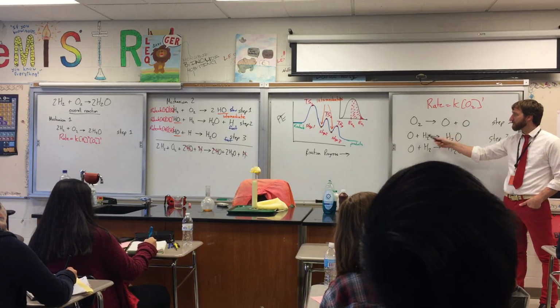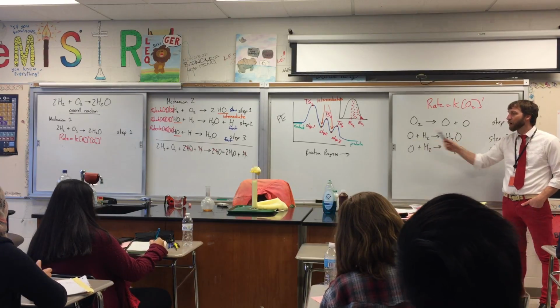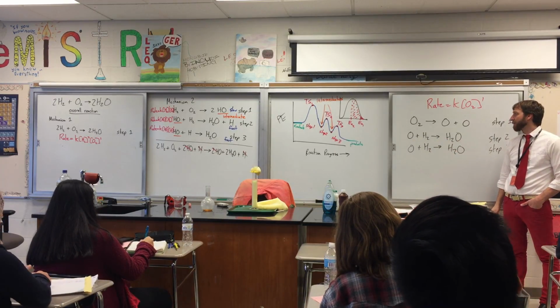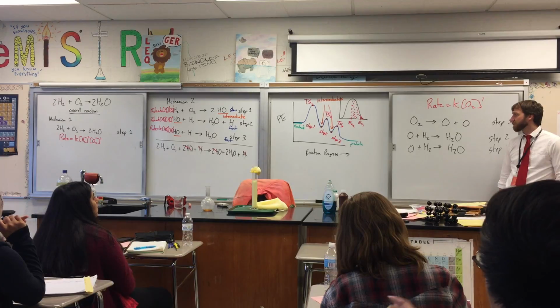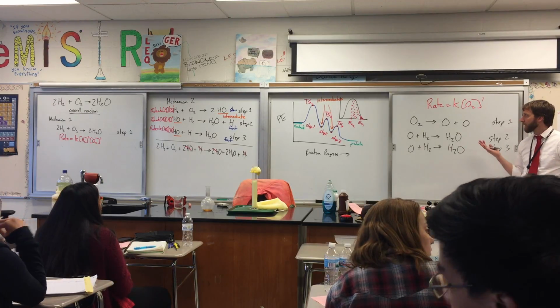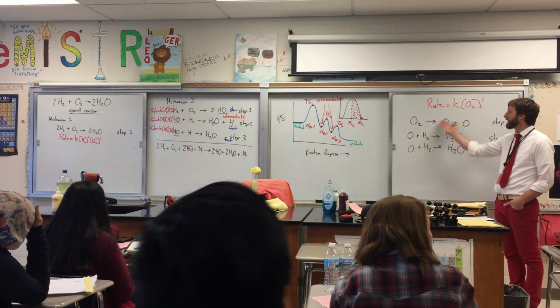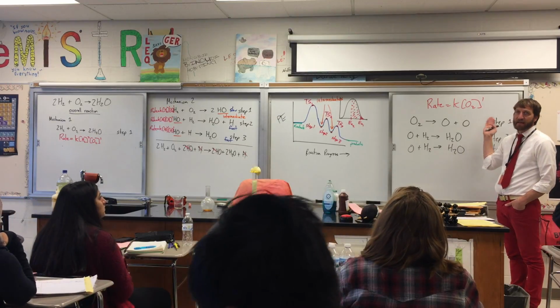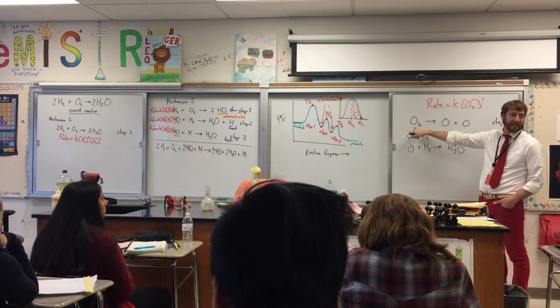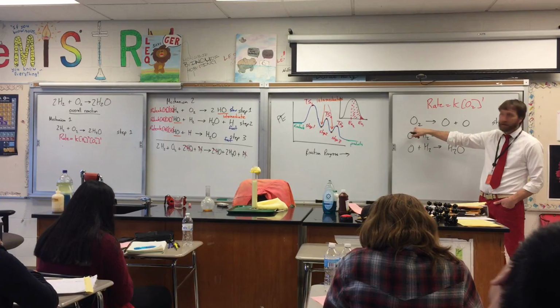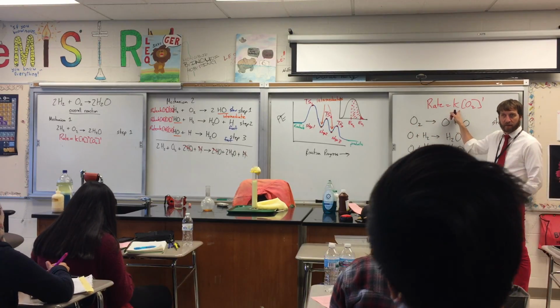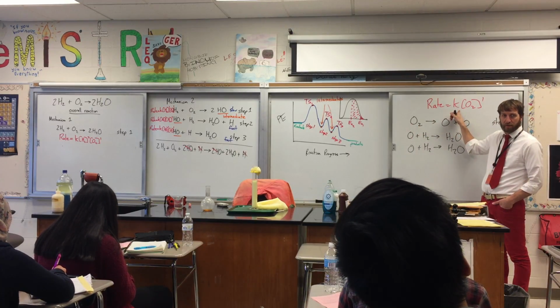Once this splits apart, it'll probably be pretty easy for the O to then grab onto some H's and form your H2O. But yes, if this is the slow step, then the rate law for the slow step is k times O2 to the first, which would match our experimental rate law.